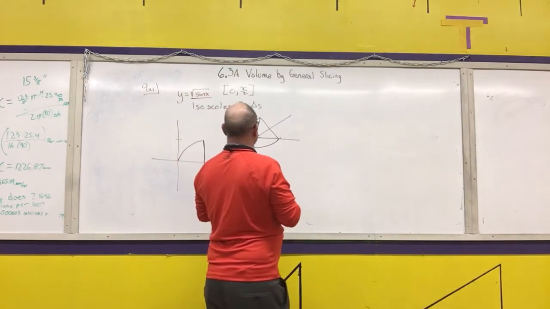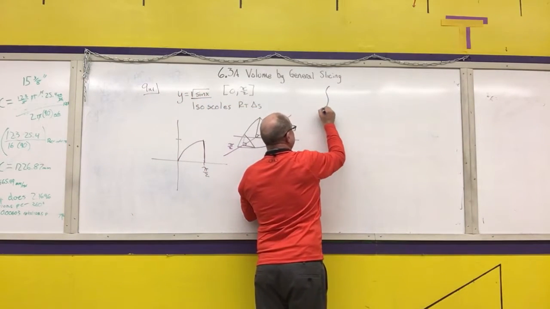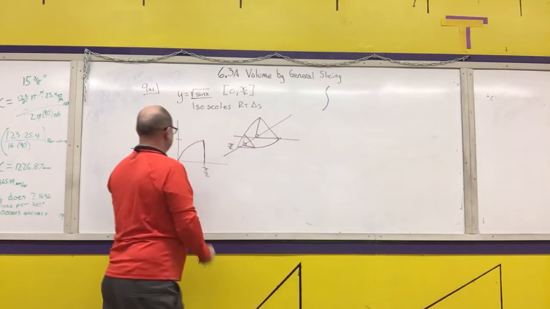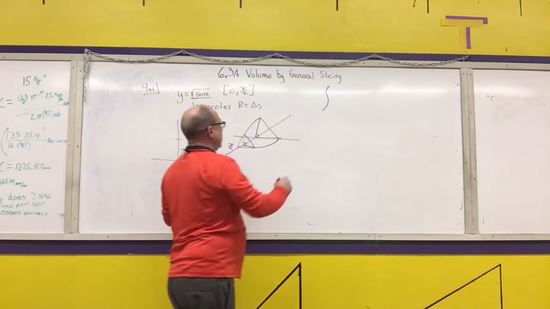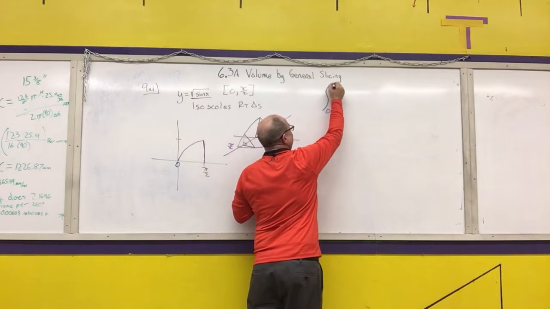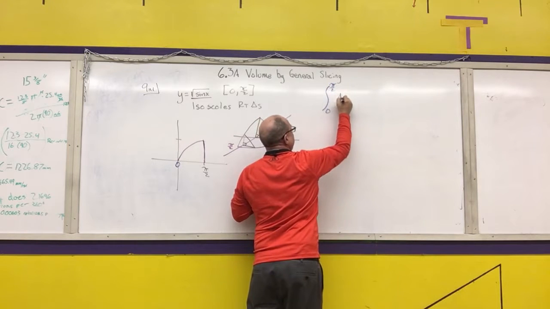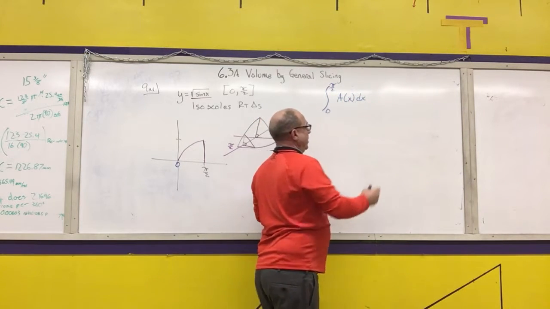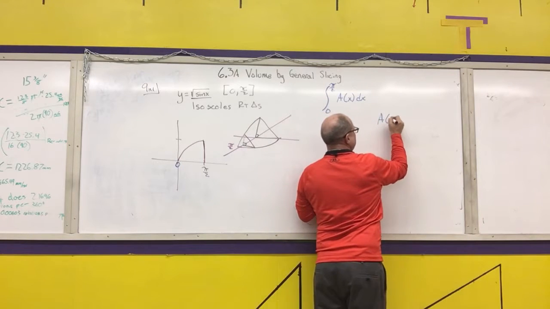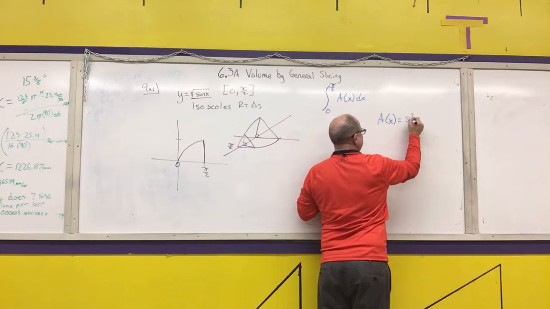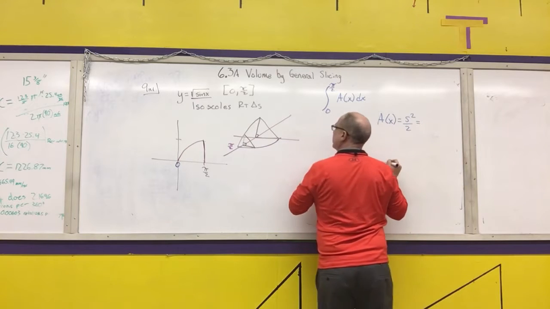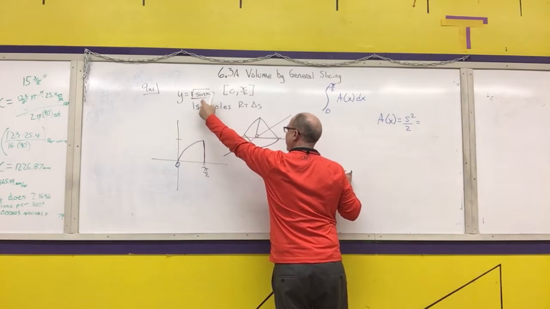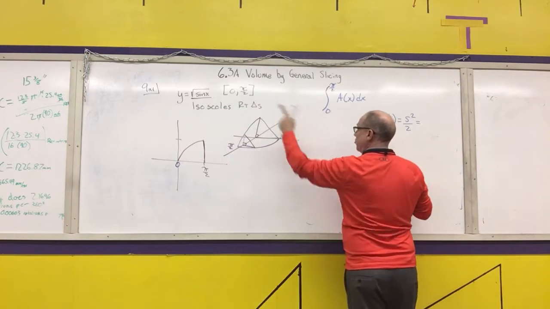Key thing we want to know is we need to calculate the integral from my lower bound, 0, to my upper bound, pi halves, of my area function, dx. And we should remember that the area function of an isosceles right triangle is s squared over 2. And in my case, s is the square root of the sine of x.